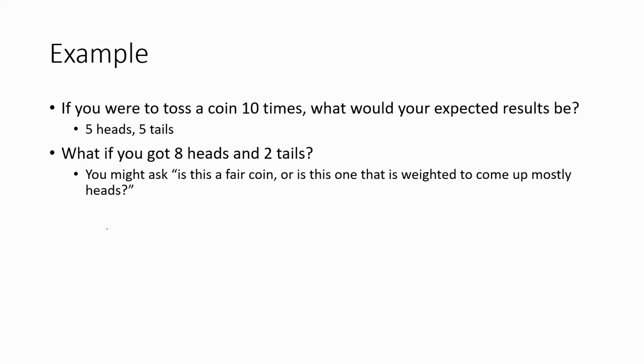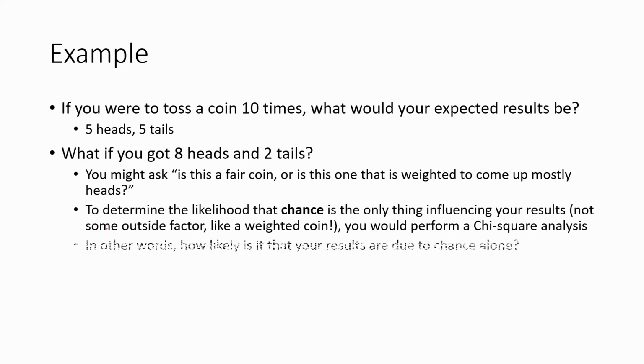Let's do a simple example of a chi-square test. If you toss a coin 10 times, assume all things being equal: the breeze is blowing at the same rate, the local gravity remains constant, everything you can think of remains the same.